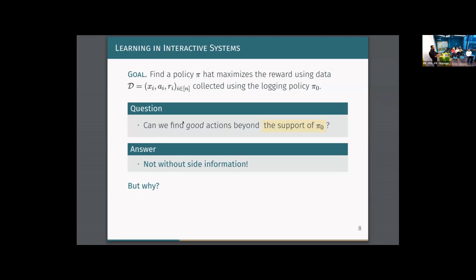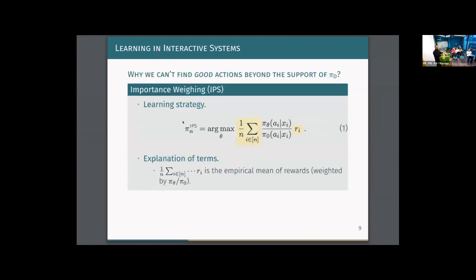So we take one method and analyze the solution that we converge to. Do we converge to something that goes beyond the support of Pi0, or are we always confined to the actions taken by the current recommender system? And this is what we found: by analyzing every method, they are all confined to the support of Pi0.